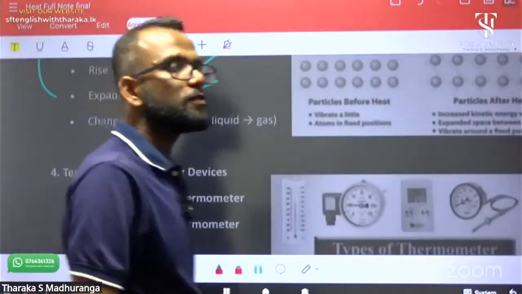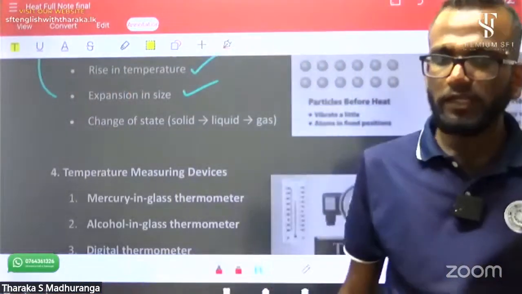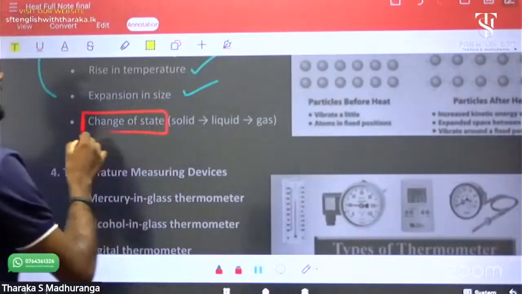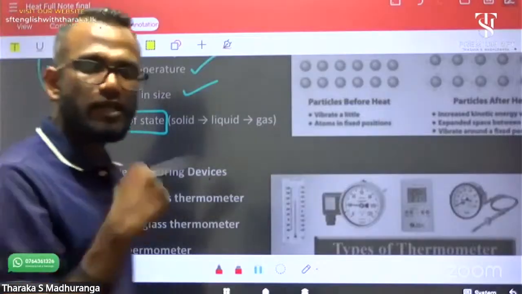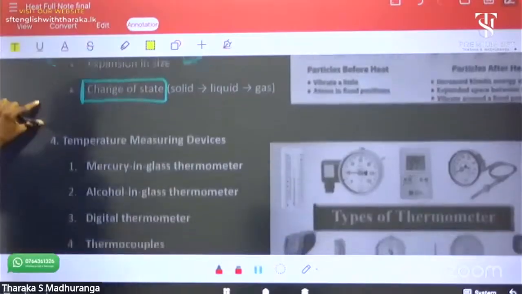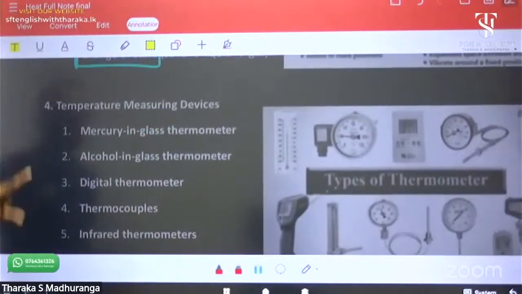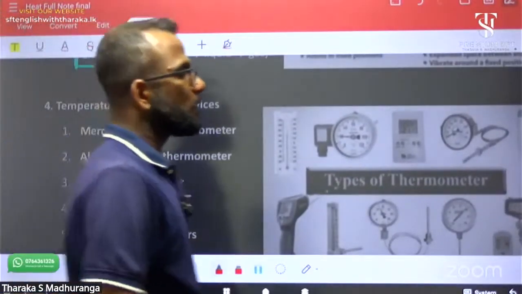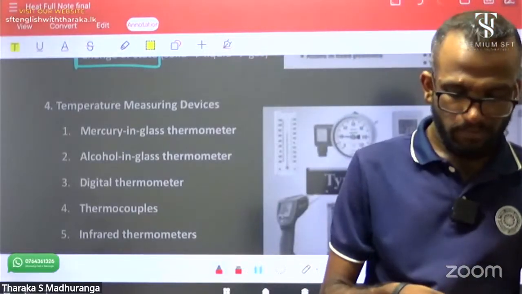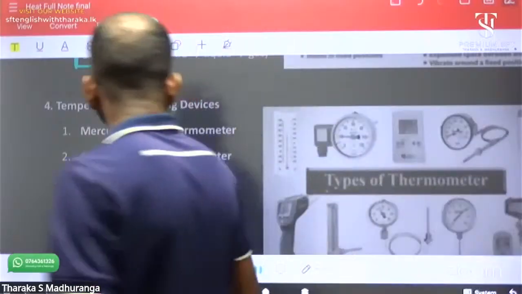Finally, it is possible to change the physical state. I will explain this physical state change completely in the second part of the lesson. Finally, temperature measuring devices. They are not important.